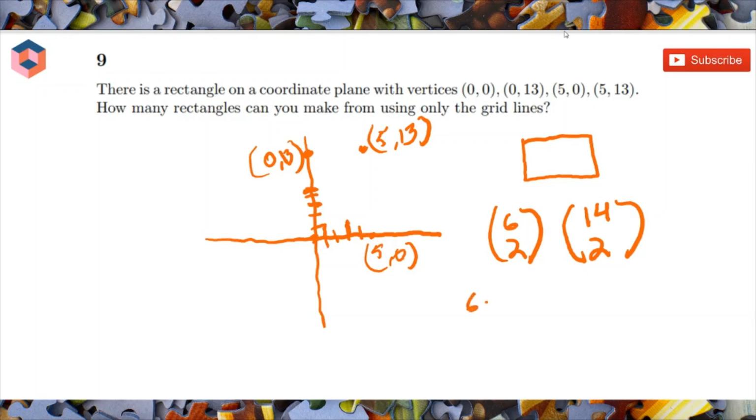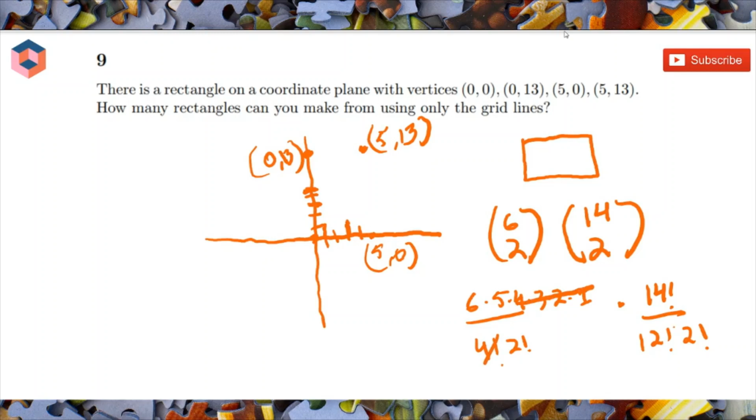We have 6 times 5 times 4 times 3 times 2 times 1 over 4 factorial times 2 factorial times, I'll just write this one as 14 factorial, 12 factorial, 2 factorial. So 4 factorial cancels out with 4 times 3 times 2 times 1.